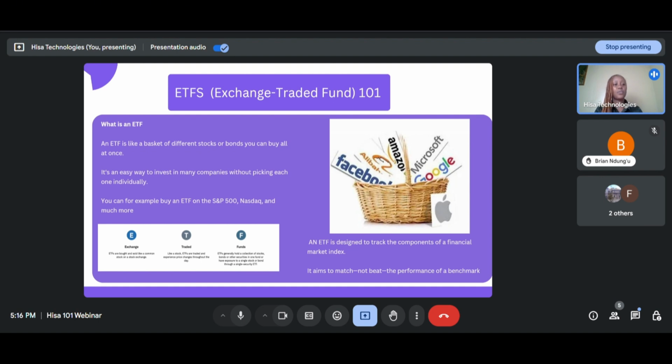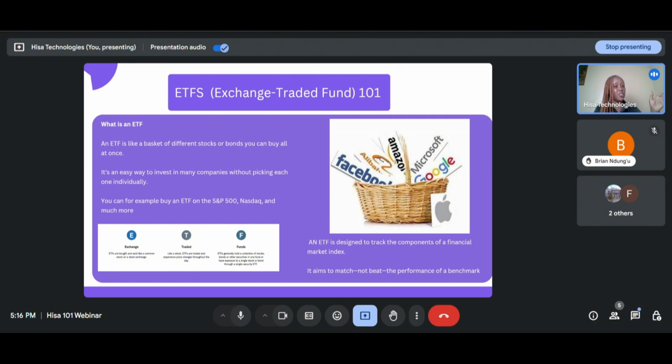An index, remember when we were in school, whereby we would have a student with 400 marks, and in the same class you'll have some with less than 200 marks. Well, the average of that class can be said to be the index. The same way you can have an index in a classroom is the same way you can have an index in the market.